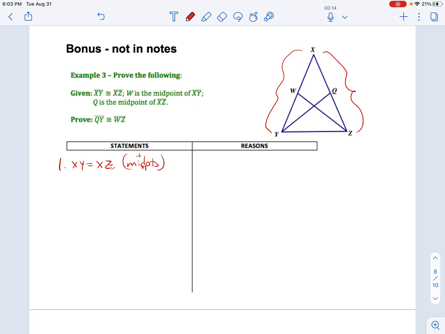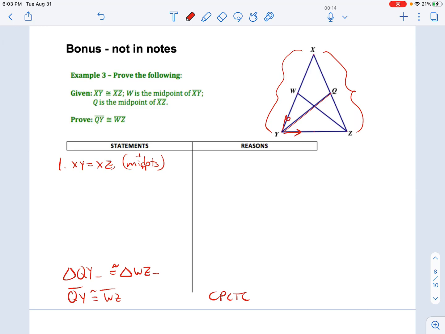Kind of here. Okay, one way I could do this. Oh, and we're trying to prove QY is congruent to WZ. That's probably going to be CPCTC. That's probably going to come from triangle QY-something being congruent to triangle WZ-something. What's interesting about that is triangle QY-something could go either way. Oh, that's cool.